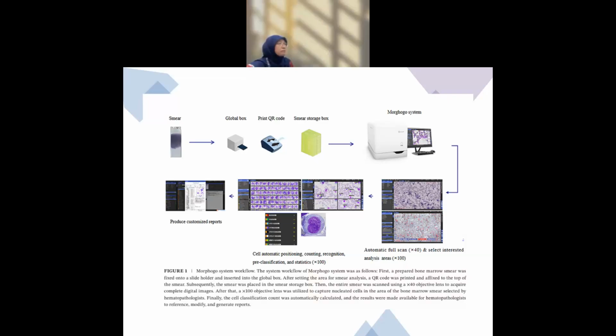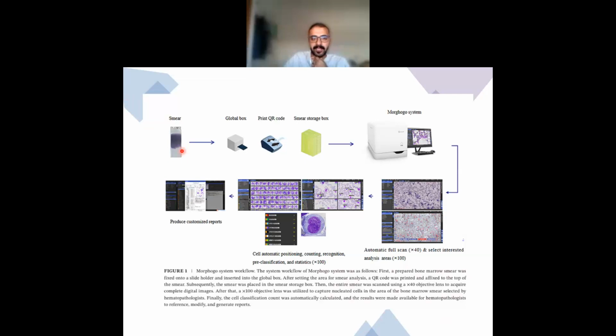This is the smear of the bone marrow, right? It will go to the global box, which gives us the QR code. What does the QR code contain in this slide? It contains the number of nucleated cells and the ROI area in these smears, and this smear is then stored in the smear storage box.